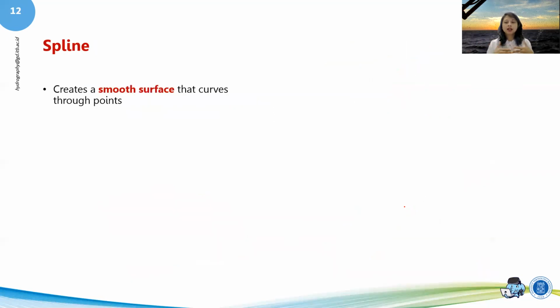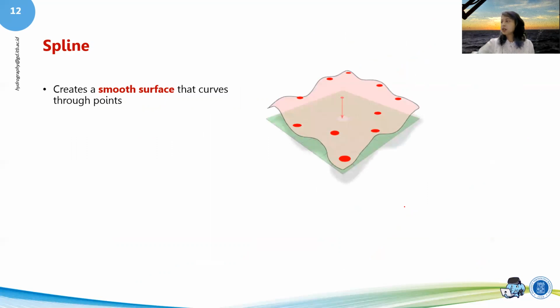So in spline, actually, we are basically trying to make a smooth surface that curves through points. So for example, you can imagine that we've got a paper, maybe I'll have a small paper in here. So within the small paper, you're trying to actually bend this paper based on the depth or the height that you've got in each point of the sample.